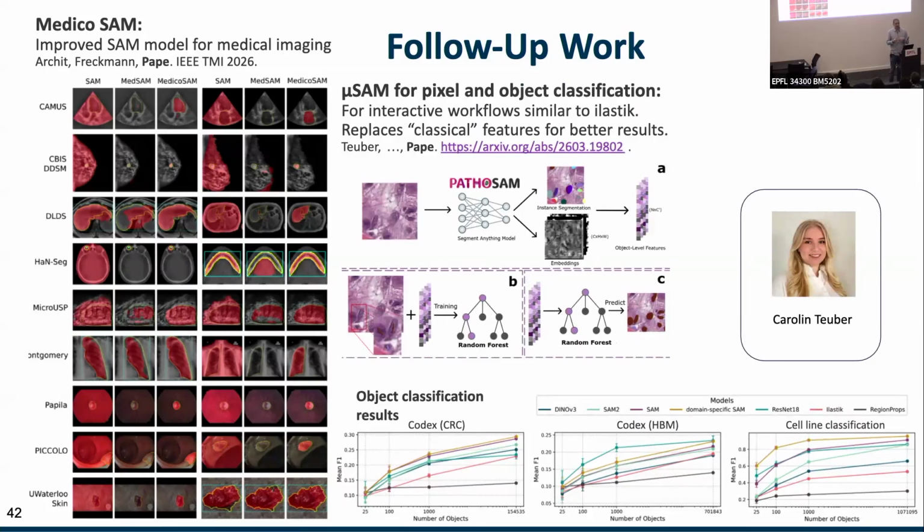Namely here, to classify already segmented objects, right? So basically, if you have a lot of different cells that are segmented, you might want to distinguish different cell states, different cell lines, if you have mixtures and so on. Typically, right, you would have to train either a random forest model that takes simple features, like the shape and the intensity for this. So this works great for simple tasks, but hits the limit quite fast.